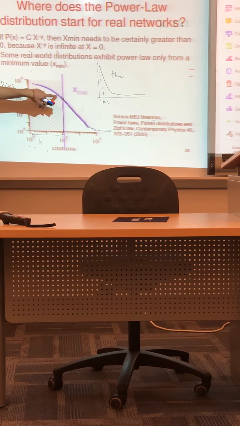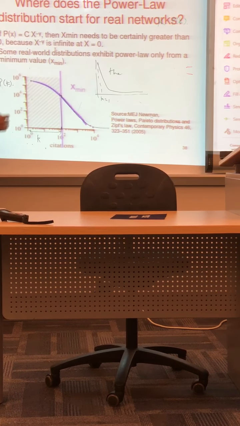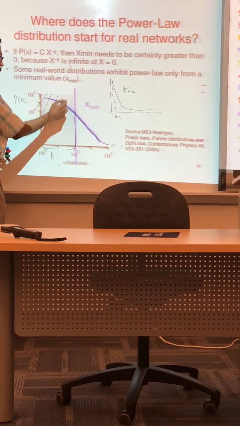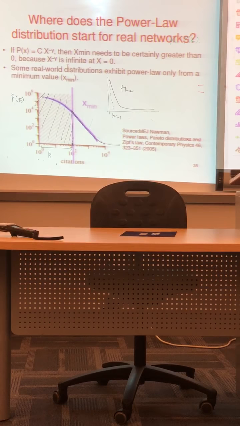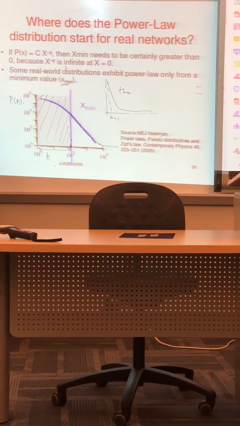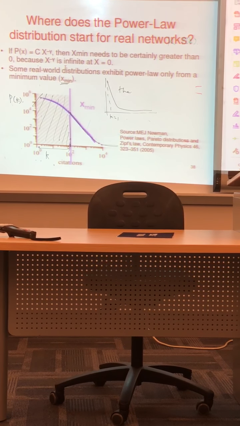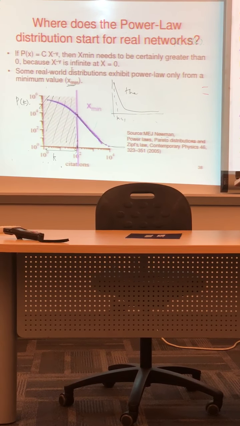You see this pattern only after some minimum value. Okay, so you don't see the power law nature in this range or this region. Okay, so we can say there is a minimum value starting from which the real world networks will exhibit the power law pattern of degree distribution.